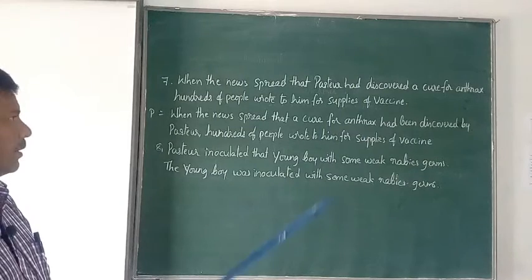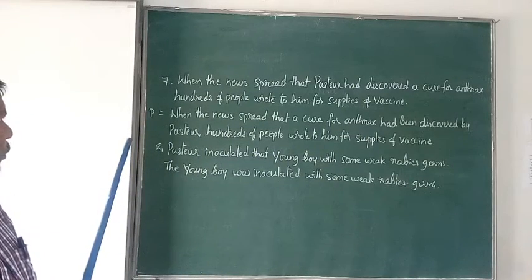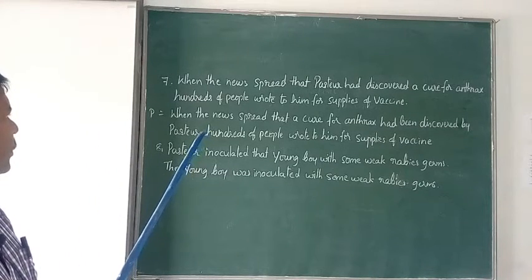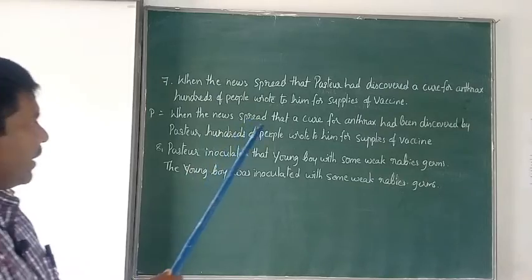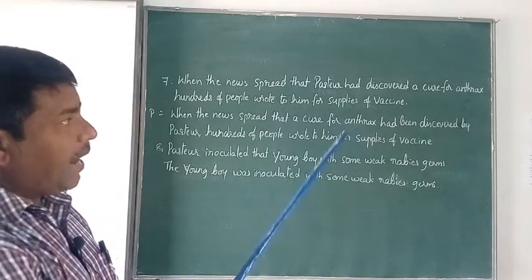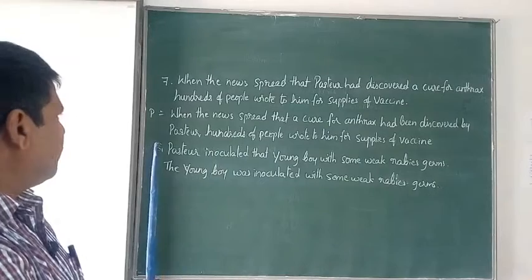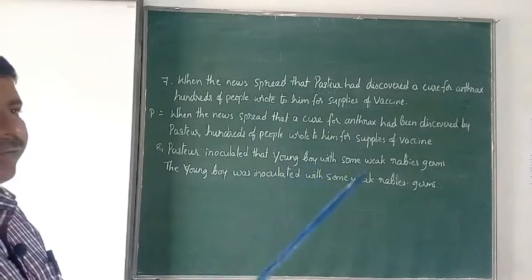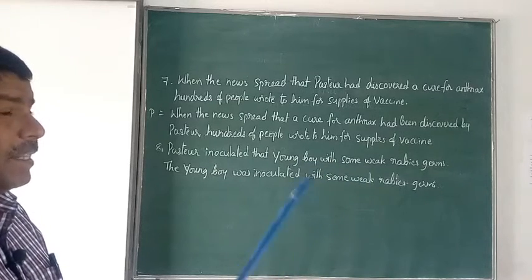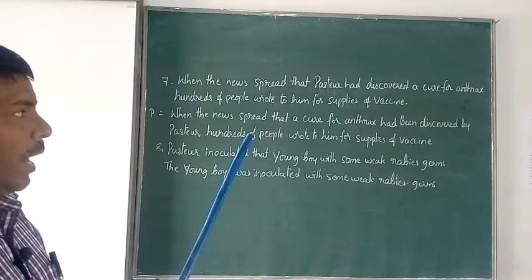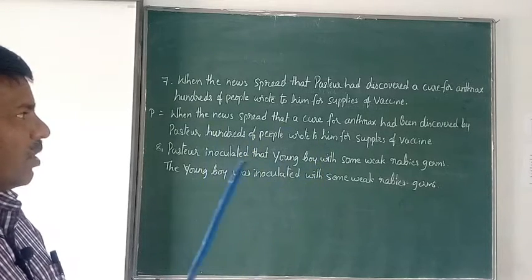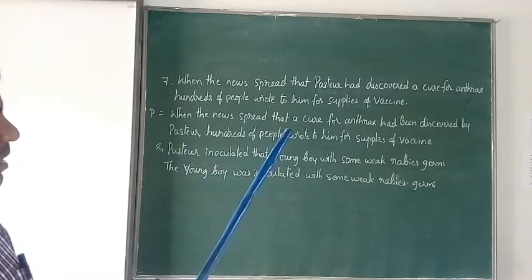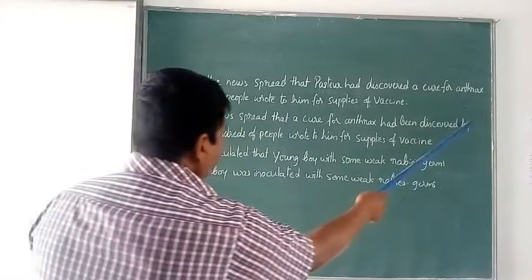Here, changing it into passive becomes: when the news spread that a cure for anthrax had been discovered by Pasteur, hundreds of people wrote to him for a supply of vaccine. See, in this you have to very carefully understand why this clause is not changed into other things. It remains as it is. But what is the only change here? By. You can check it.